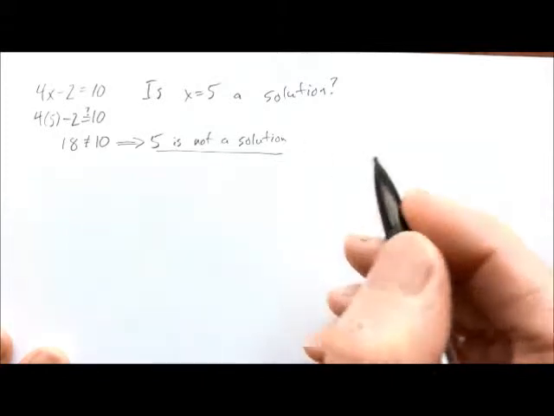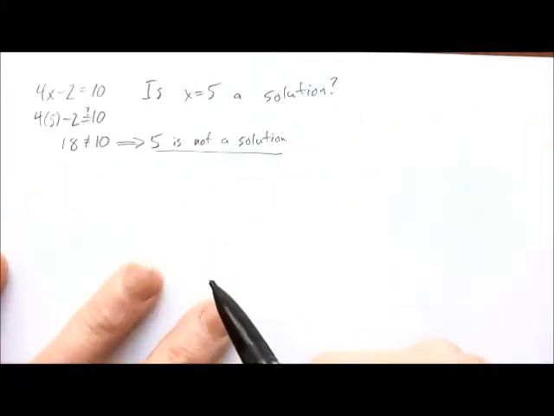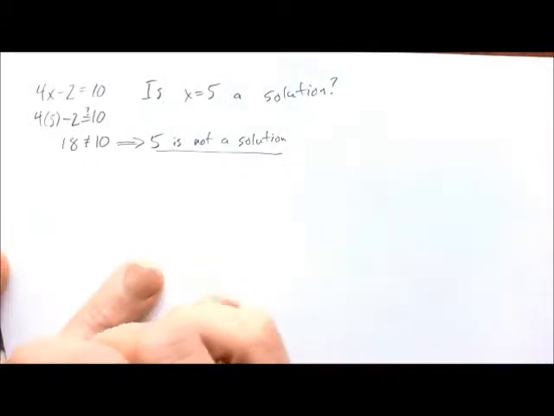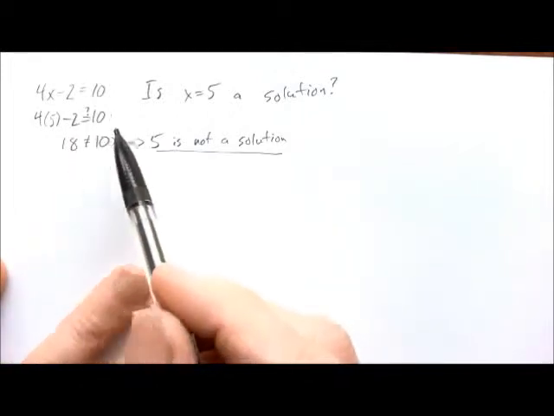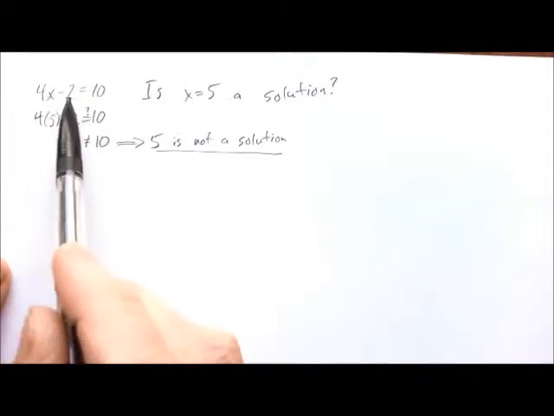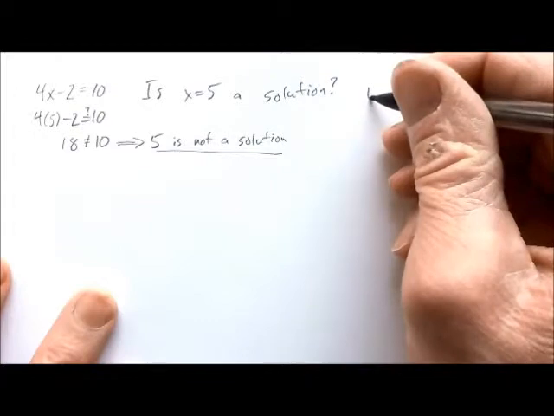Okay. Suppose instead we wondered whether 3 is a solution. We could substitute 3 in here. And I'm going to do it in a slightly different manner that will show what we're going to do when we work with differential equations. This equation has two sides, a left-hand side and a right-hand side. We're going to let LHS stand for left-hand side.